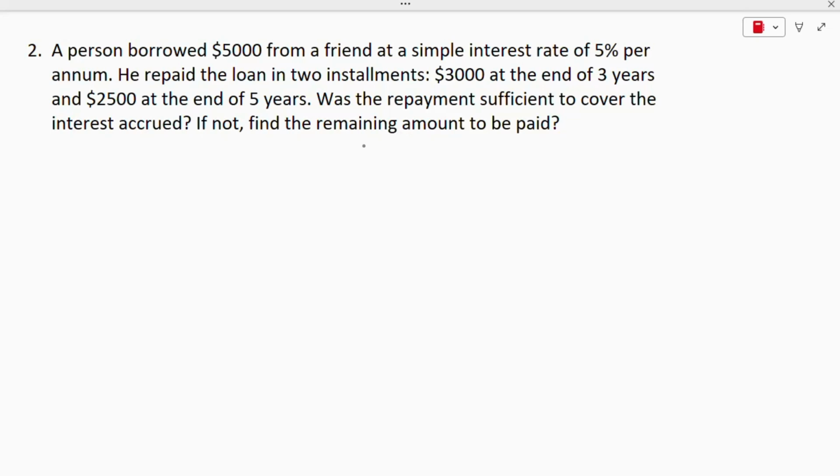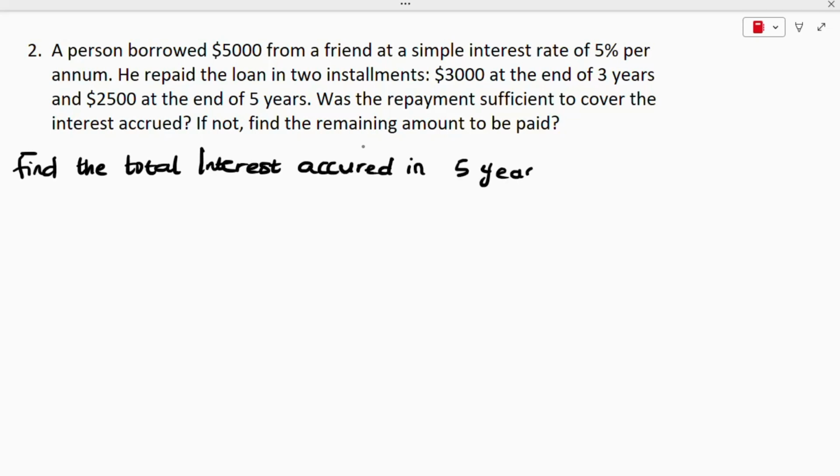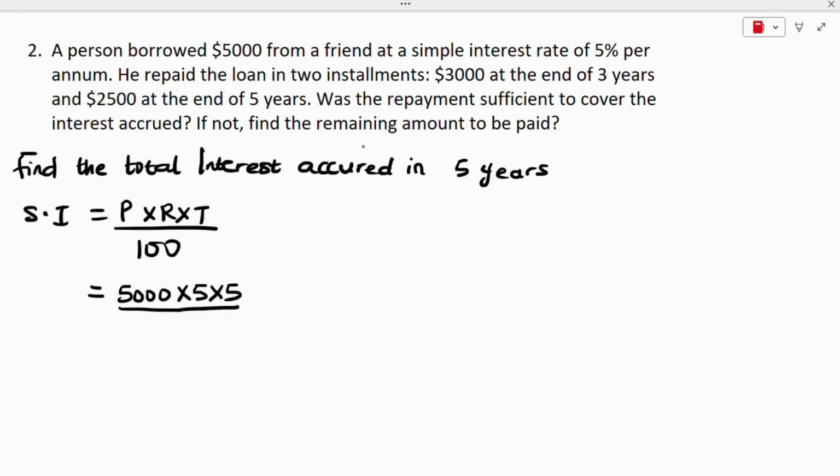So right here guys, the first thing we want to do is to simply find the total interest accrued in 5 years. We have that SI is equal to P times R times T over 100, which is equal to the principal, 5,000, times the rate, 5, times the time, 5, over 100.